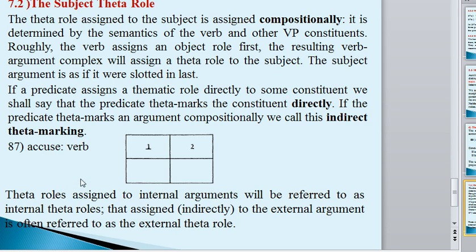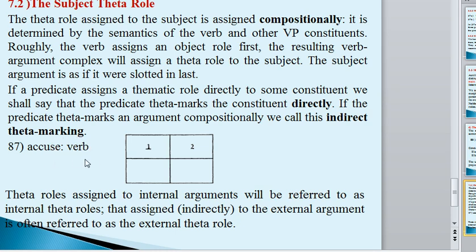The theta role assigned to internal arguments will be referred to as the internal theta role. That assigned indirectly to the external argument is often referred to as the external theta role. So the verb, for example accuse, has two kinds of arguments, the subject and the direct object. First, it assigns the theta role to the direct object directly.